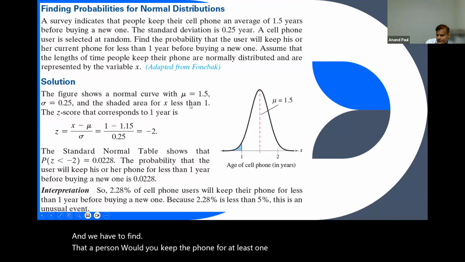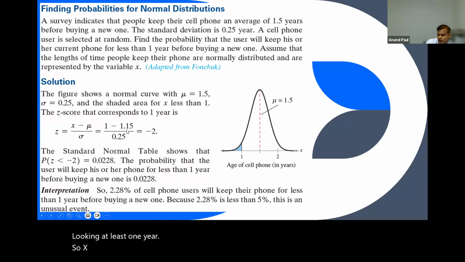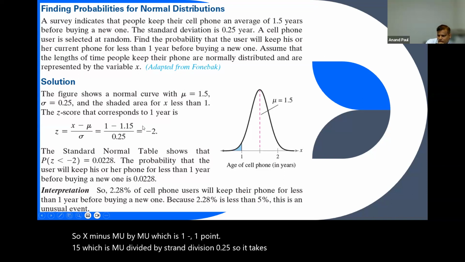So for x less than 1 year, z is x minus mu divided by sigma, which is 1 minus 1.5, which is mu, divided by the standard deviation 0.25. So it takes us to minus 2.